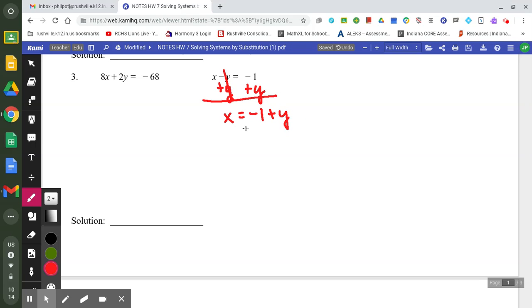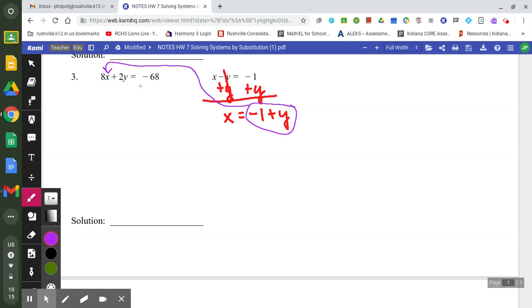And now that I have an equation that is solved for a variable, I can substitute it in. So I'm going to take my negative 1 plus y and substitute it in for the x.